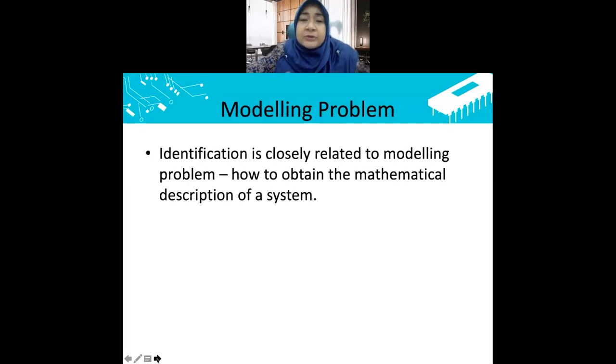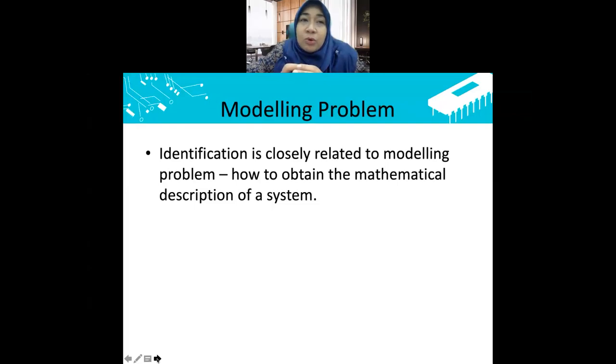In terms of modeling of a system, in terms of engineering, identification is very closely related to modeling the problems. Why do we need to model the problem? Because we need to control the system, so we need to know how the plant behaves.